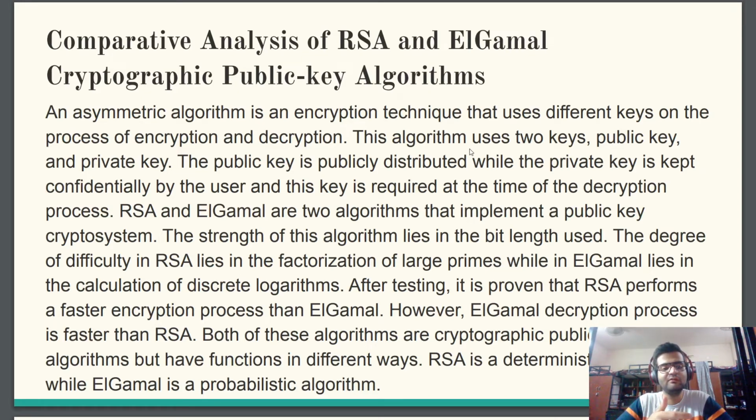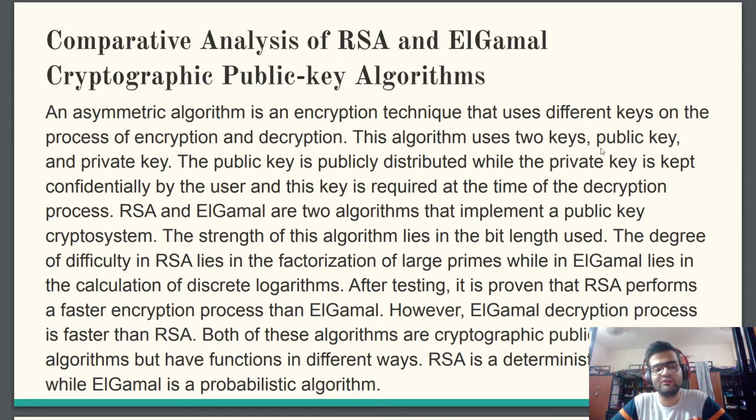Classically, we used to have only a single key in the symmetric method, and we used to encrypt and decrypt using the same key, and that key should be with the sender and the receiver. But that was a very insecure way. So the asymmetric algorithm was created, which uses different keys. Let's say P1 is used for encryption and P2 is used for decryption. The sender will have P1 and the receiver will have P2.